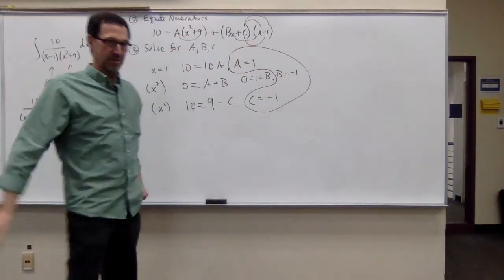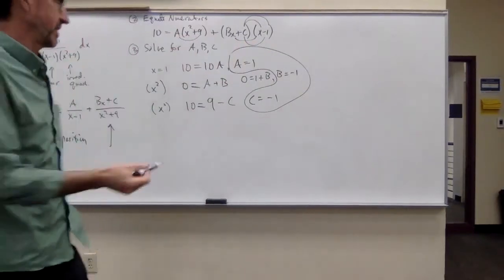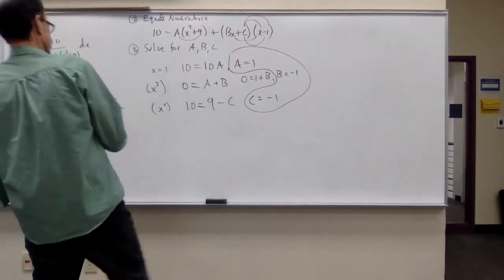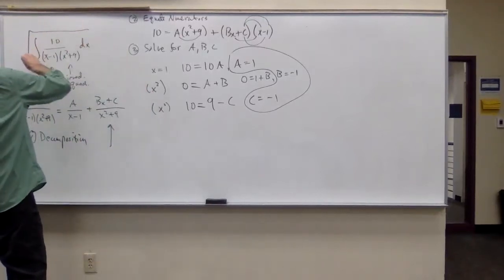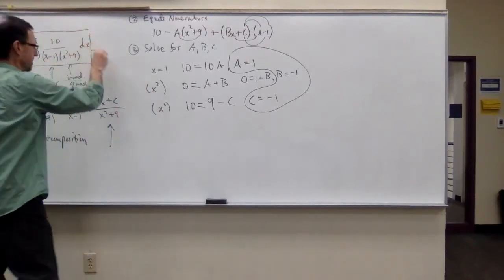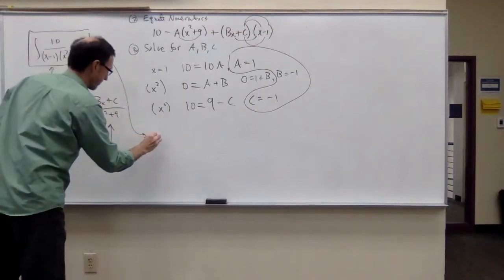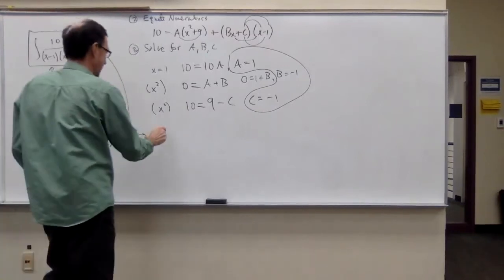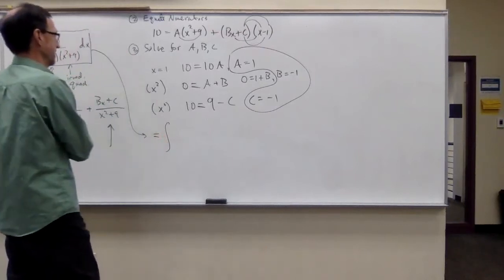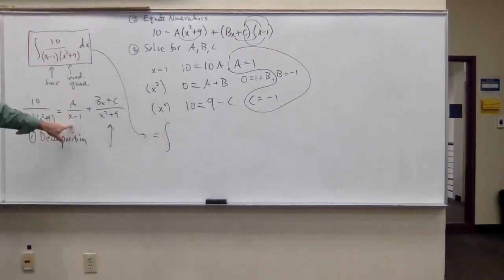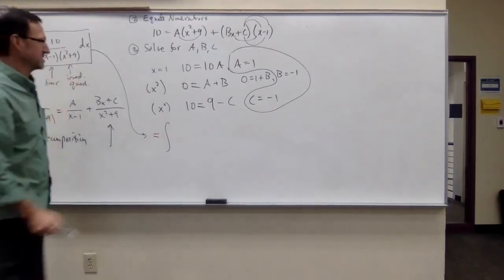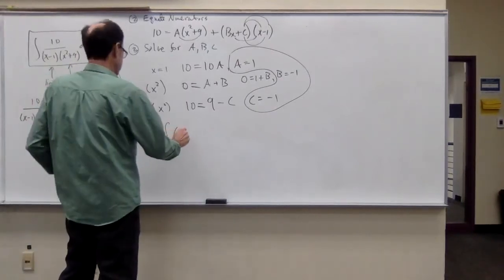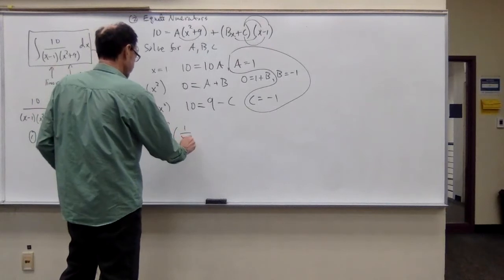And now we'll just plug them back in and get the antiderivative. So the original antiderivative, here it is. I know now I can write it as the antiderivative of my decomposition, plugging in the values for A, B, and C. So A is 1, so we have 1 over x minus 1.